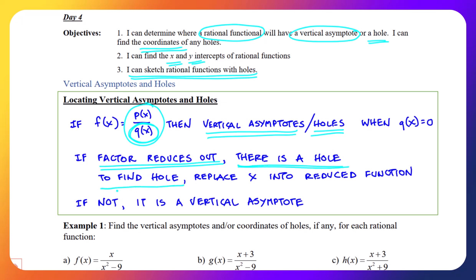To find the hole, the x and y coordinates of the hole, we'll replace the x of the hole into the reduced function, which won't have a 0 in the denominator. If nothing reduces out, we have our old friend, the vertical asymptote.